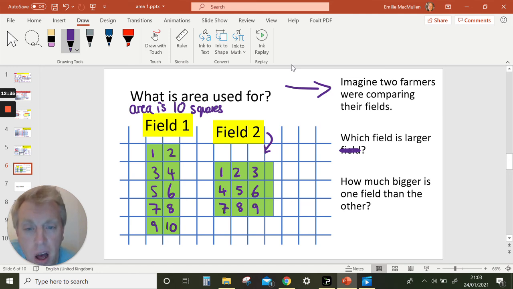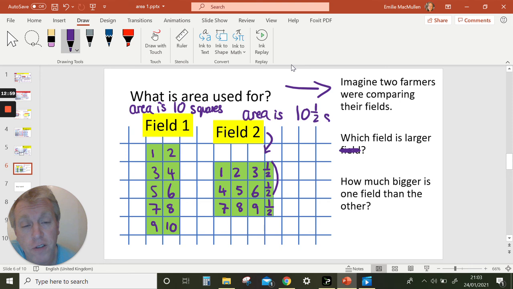But now we've got some halves. 1 half, 2 halves, 3 halves. So how many whole squares? 9 whole squares. This half and a half make another whole, so that's 10 squares and a half. Field 2, the area is 10 and a half squares.